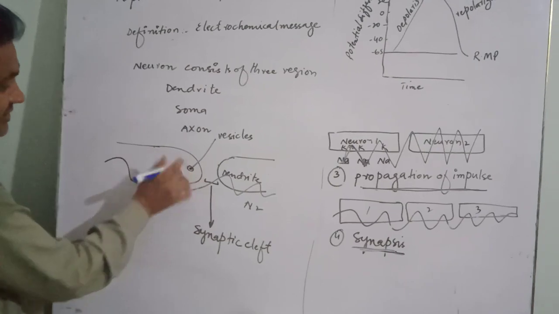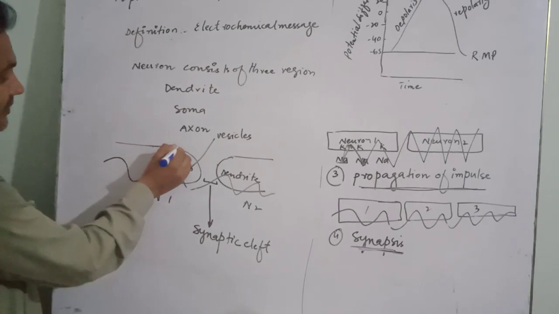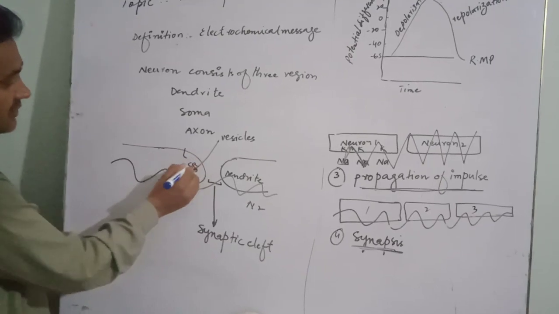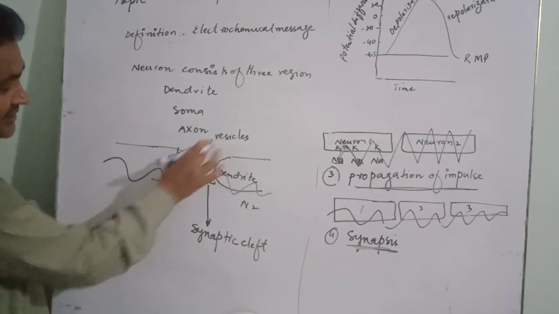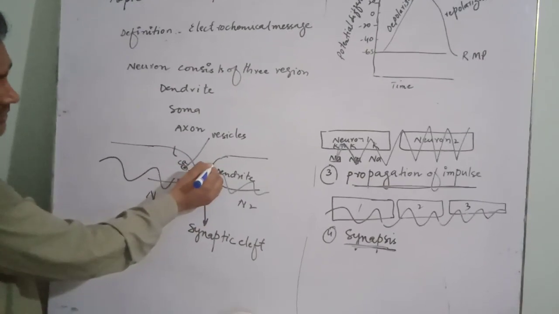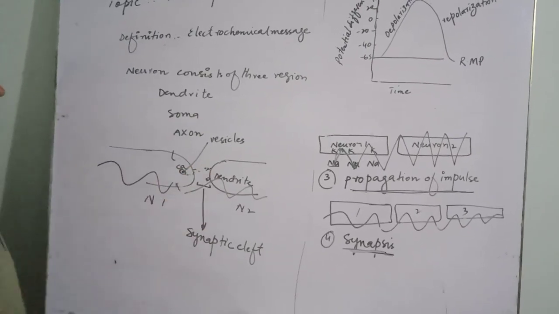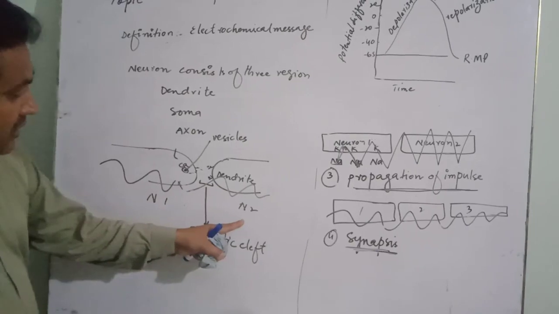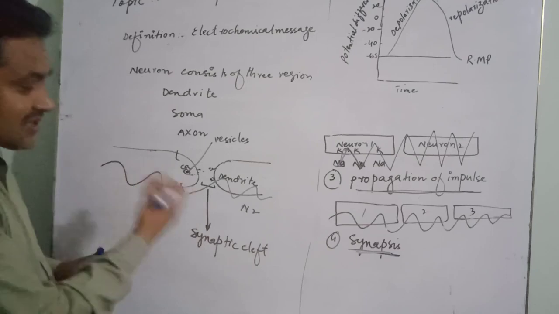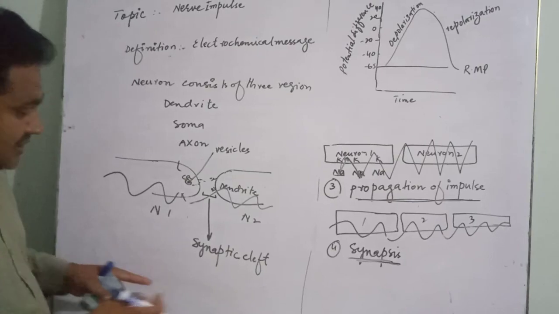When calcium is released from the T channels of the neurolemma, the calcium ion will bind with the vesicles, and the neurotransmitters will move to the receptors. These receptors are present on the dendroid of another neuron, and in this way the transmission or propagation of impulse will occur, and this joining of the two neurons is called synapses.